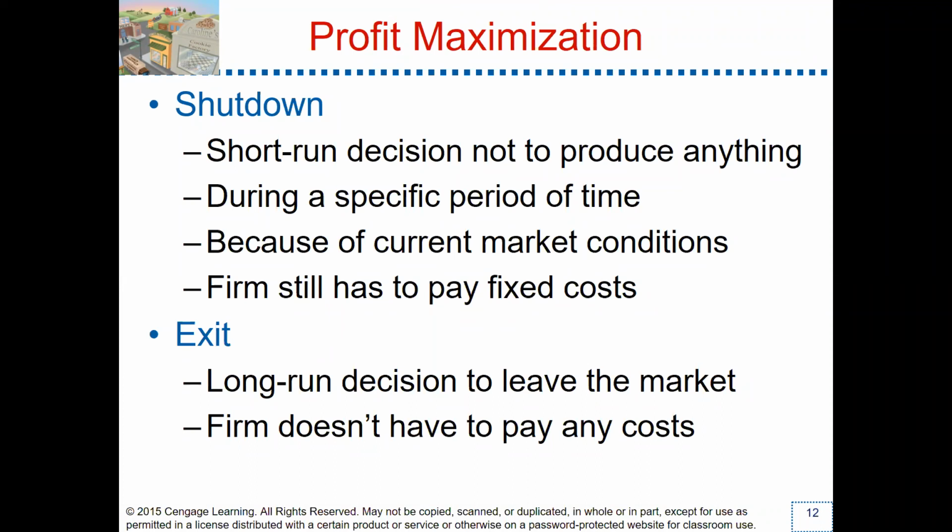Coming to the shutdown points and exit points: when should the firm exit and when should the firm shut down? In a short run decision, they shut down, just not producing anything during a specific period of time. And because of the current market conditions, the firm still has to pay the fixed cost.